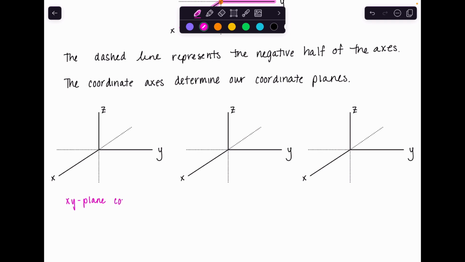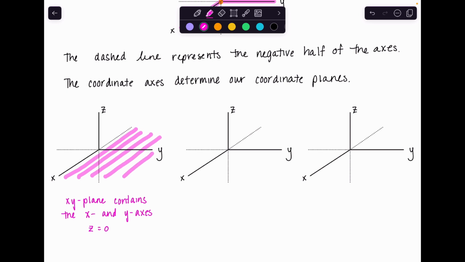This contains the X and the Y axes. So here, your value of Z is going to equal 0. So if I tried to draw this in, that's going to be this flat surface.